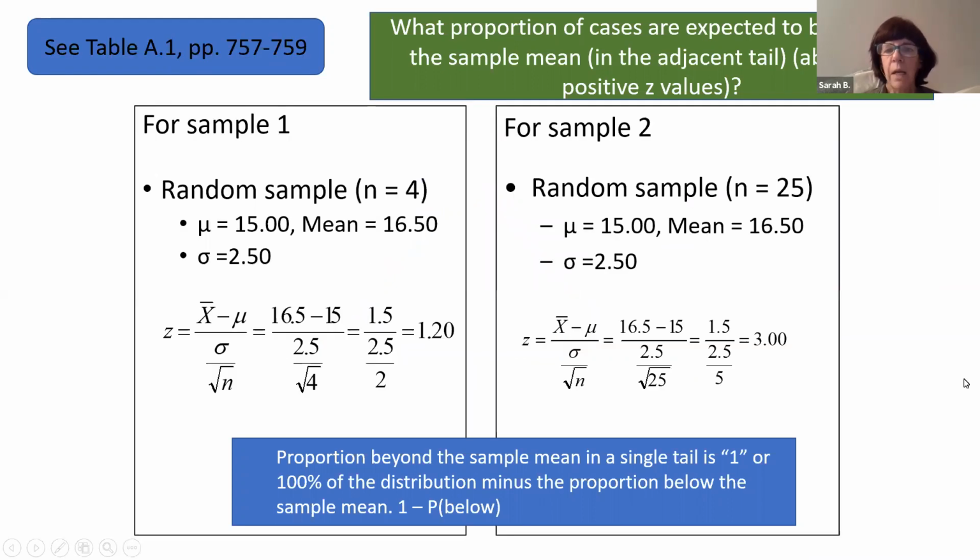So we're going to go back to our two examples, one where we have a z of 1.20, one where we have a z of 3, and we want to know in this case what proportion of cases are beyond each sample in the tail. Because we're dealing with positive z values, that will be above 3 or above 1.20.